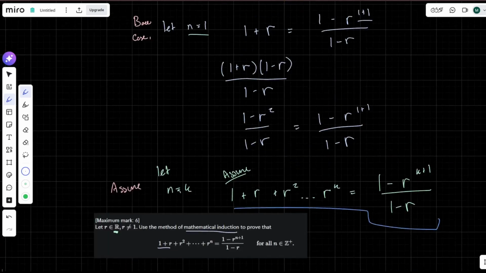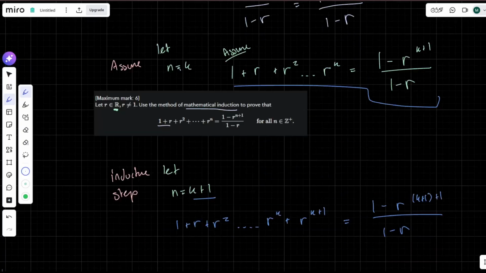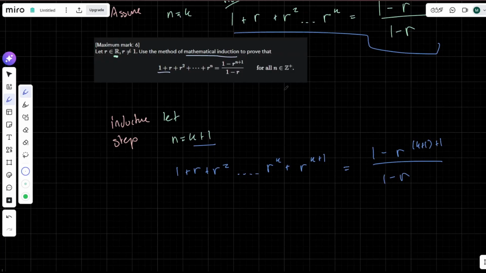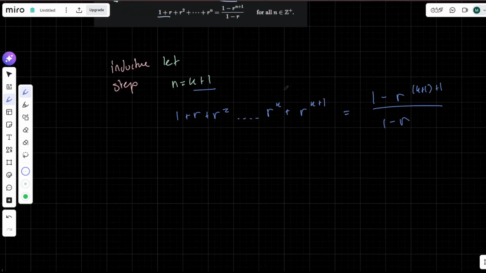Hang on, was it n? Have I just immediately done this incorrectly? N plus 1. Yeah, so we need to... no, n plus 1. We're fine. So we were subbing in the k plus 1 for n. Okay, so if we can demonstrate that this is true, using our assumption probably, then we can get to a demonstration that this is correct.